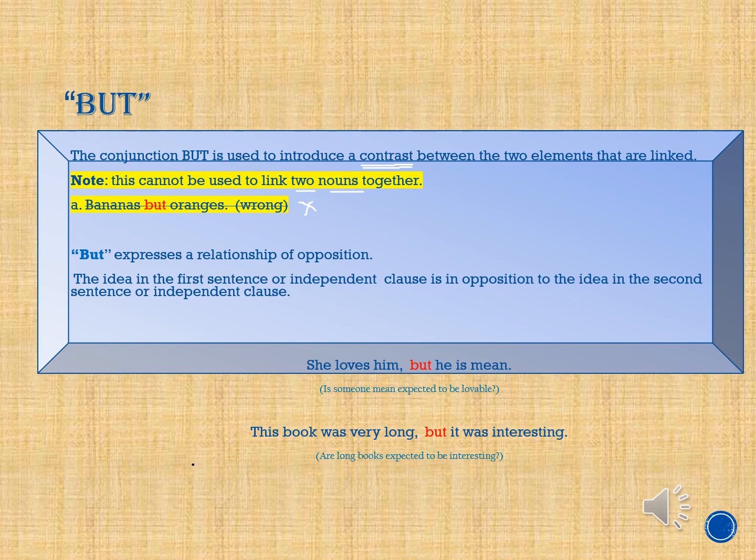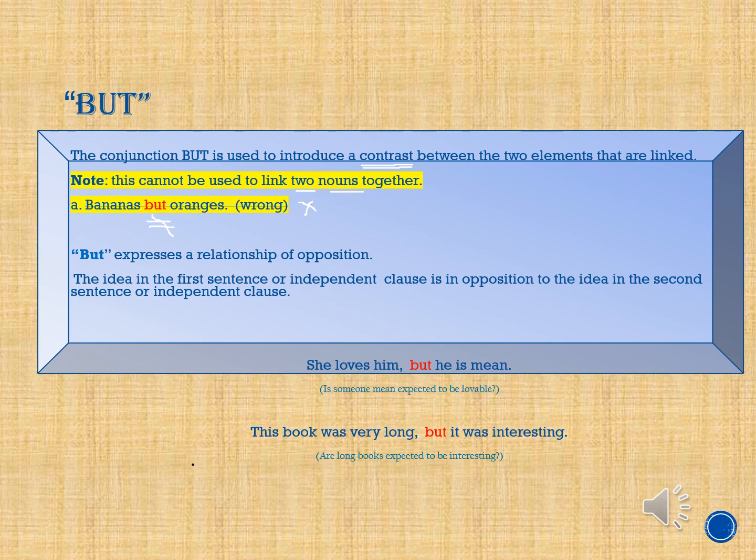We might use it with phrases, but not nouns. Okay, so please keep that in mind, and you can also review your book for different examples.